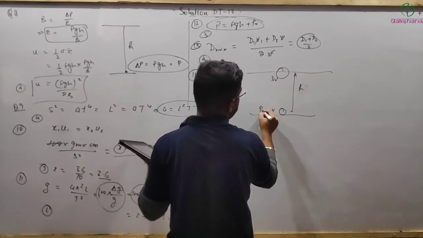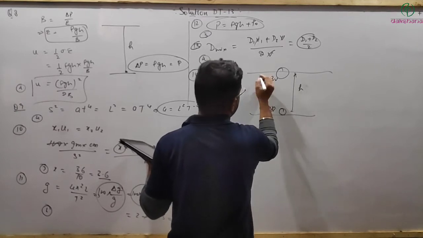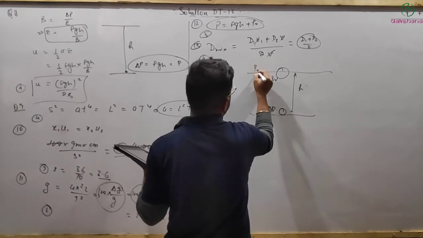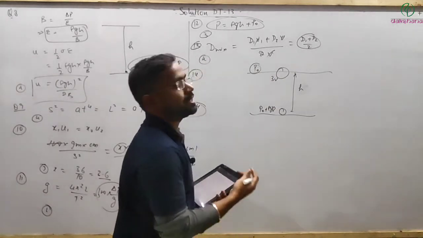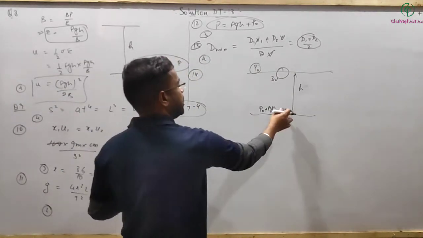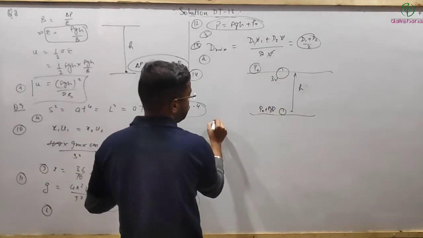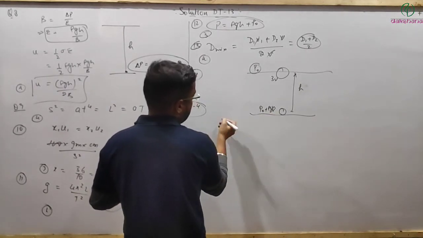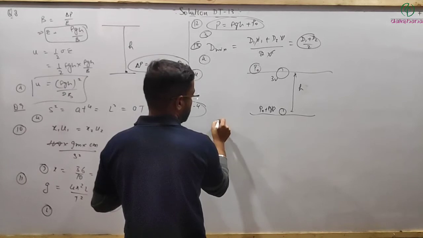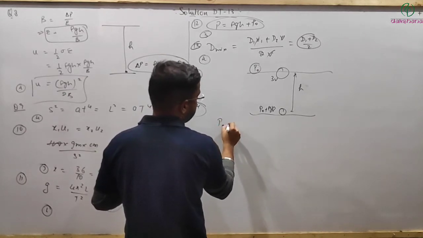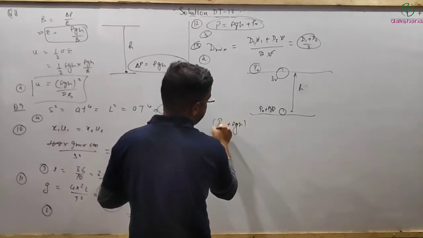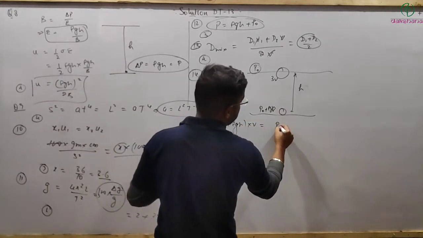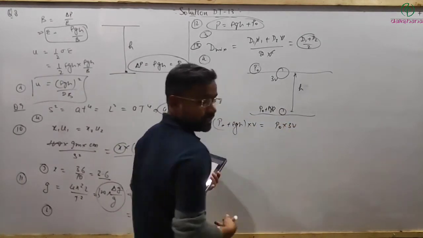Pressure at the bottom will be P naught plus rho g h, and at the surface it equals P naught. Considering isothermal expansion of the bubble, P naught plus rho g h multiplied by volume equals P naught multiplied by 3 times the volume.